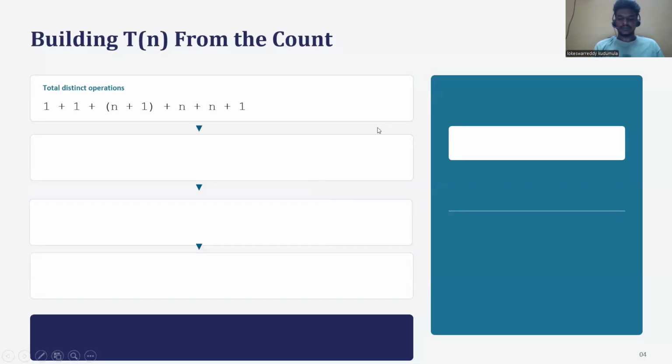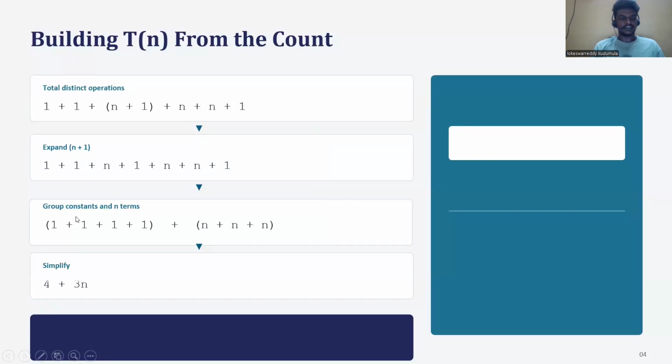So here 1 plus 1 plus n plus 1 plus n plus n plus 1. If we simplify these values, T of n is n plus 1, n plus n plus n plus 1. After simplifying, we are getting 4 plus 3n, which means 3n plus 4.